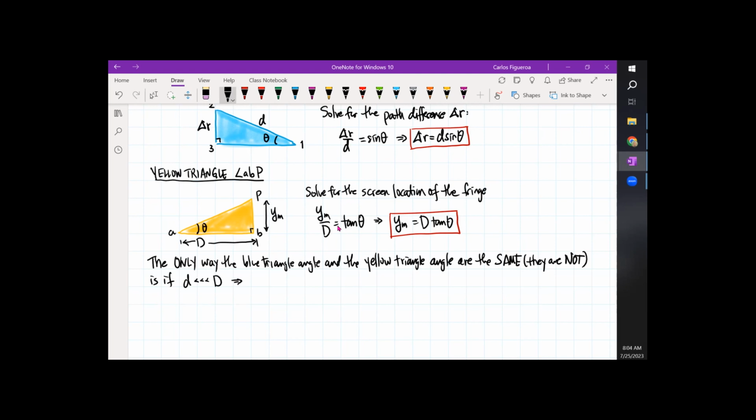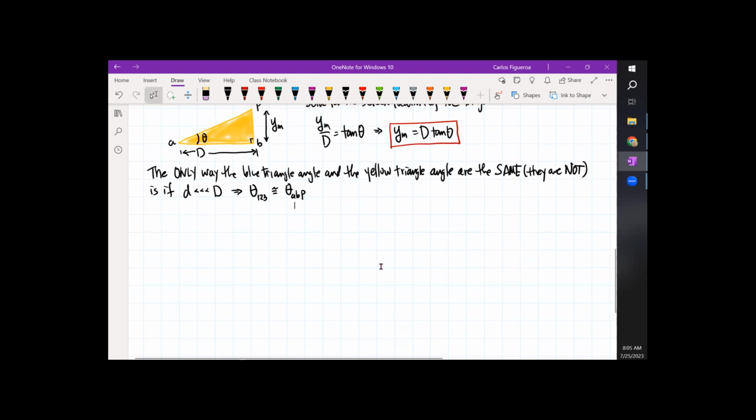Only in this situation can the angle of 1, 2, 3 be approximated to be the angle of ABP. That's the only possible way. And it turns out that for interference, that's usually the case.